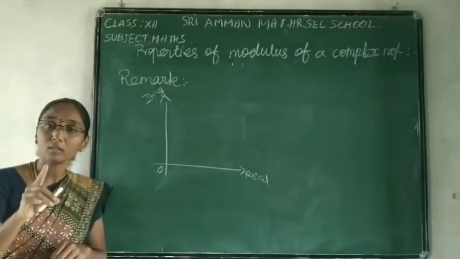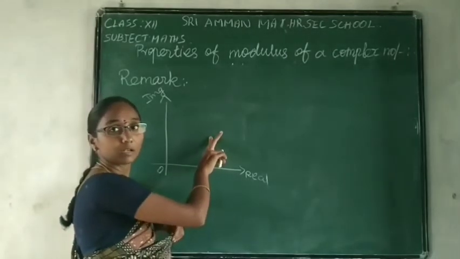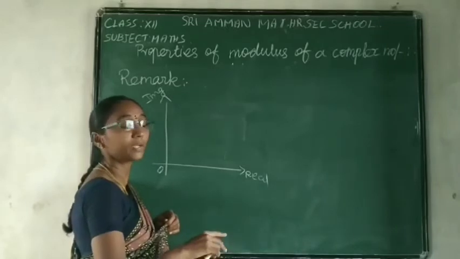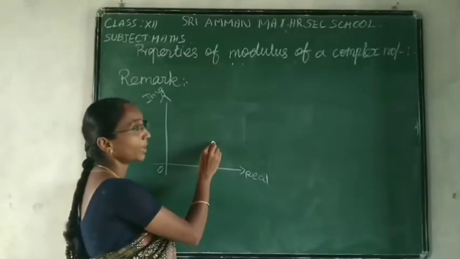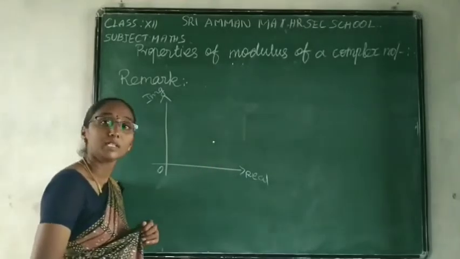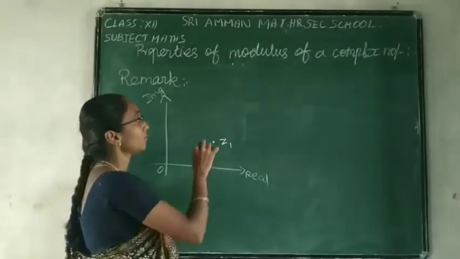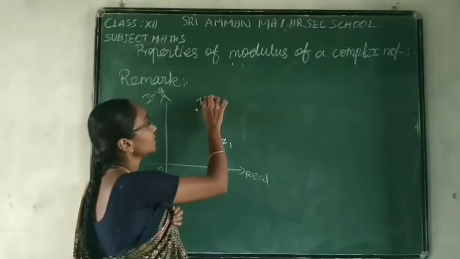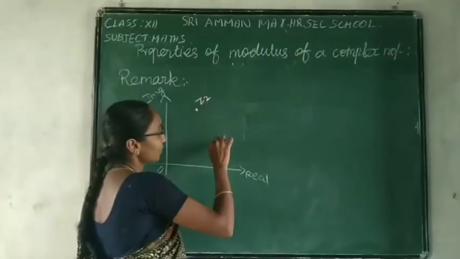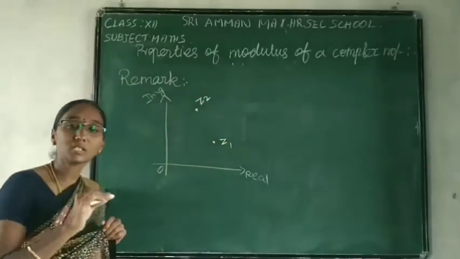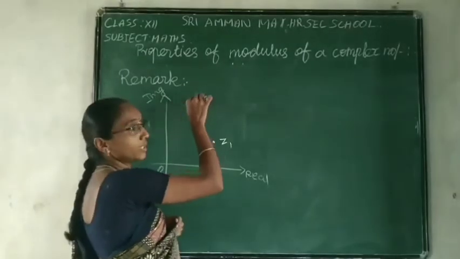Now I consider two complex numbers in the plane. I denote this point as Z1, one of the complex numbers, and another complex number is Z2 here.